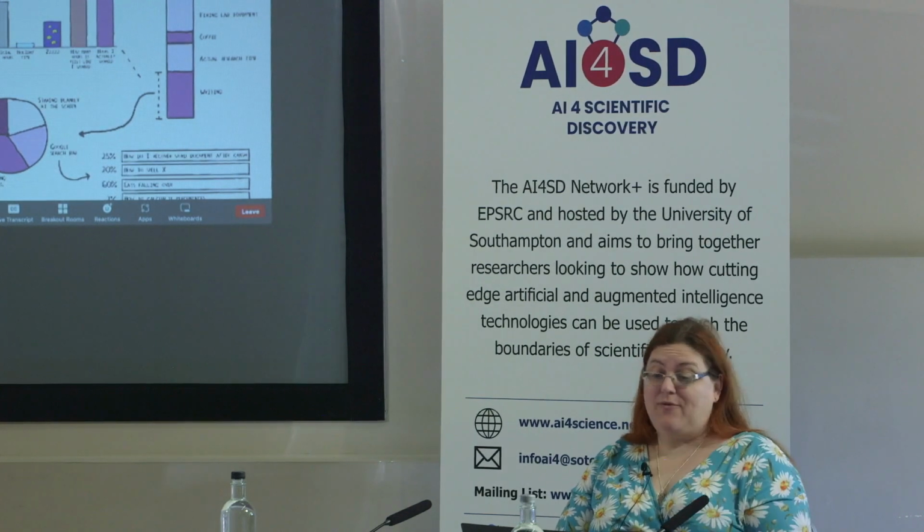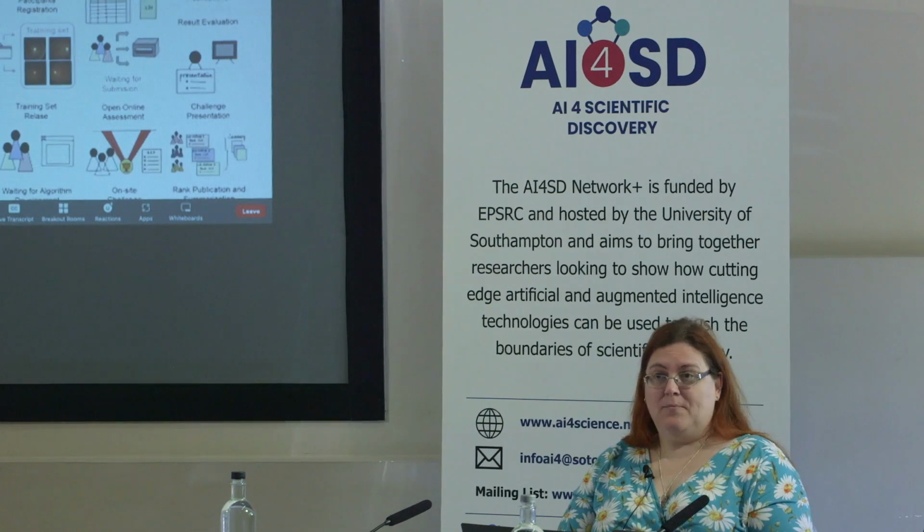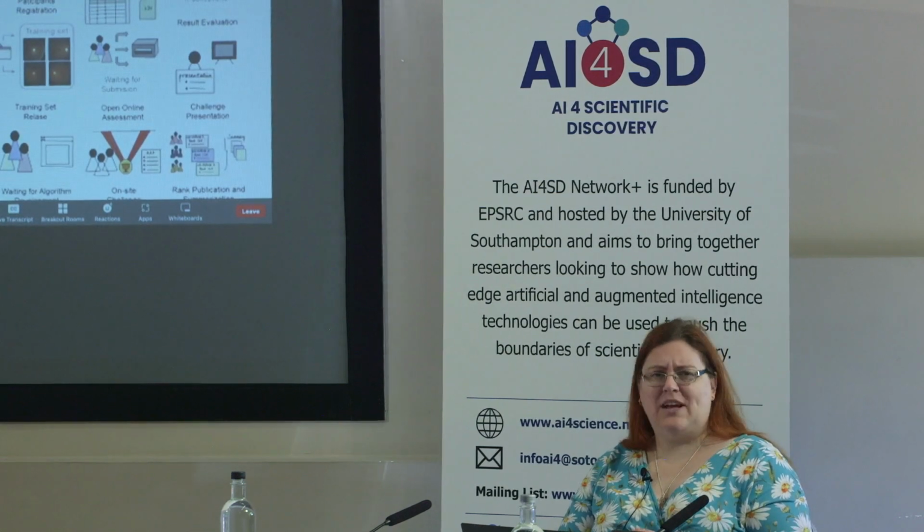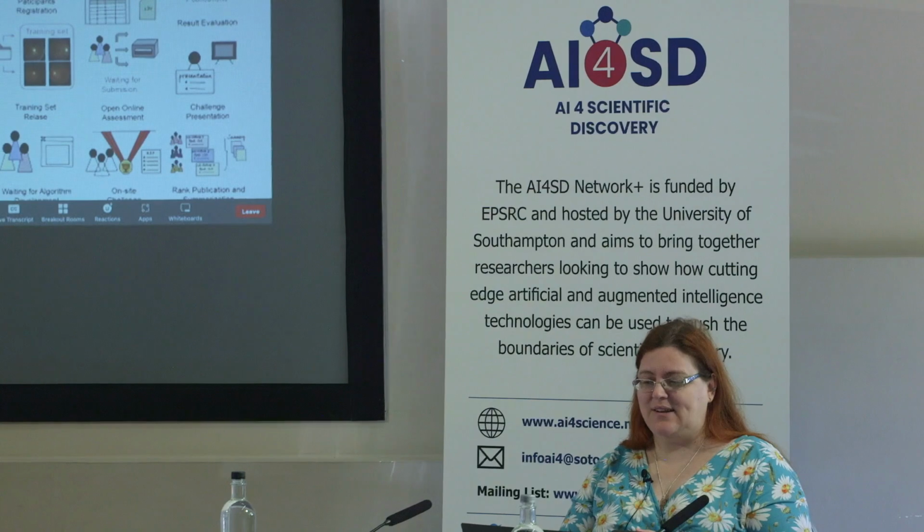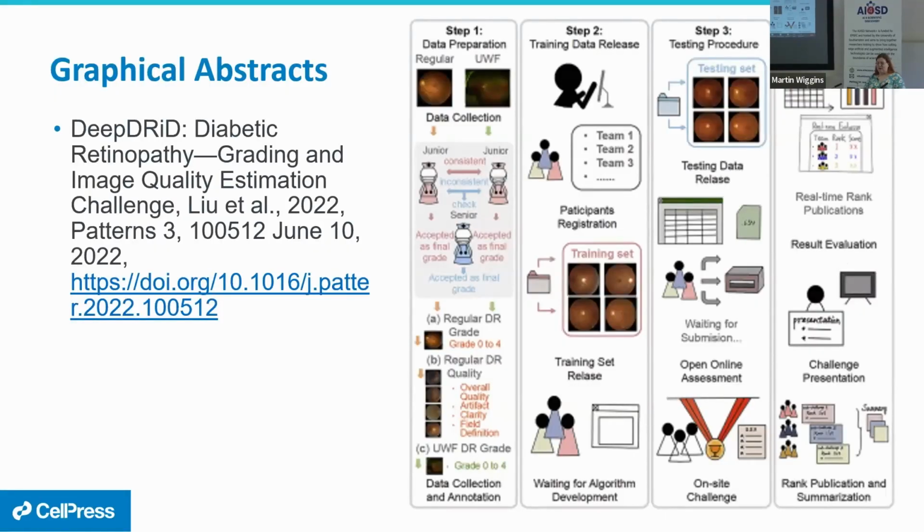Sammy mentioned that we do graphical abstracts in Patterns, and yes, we do. They're not mandatory, but it is quite handy to have them. Here is a graphical abstract from this paper, DeepDRiD, Diabetic Retinopathy. It was a grading and image quality estimation challenge, so it was a data science challenge.